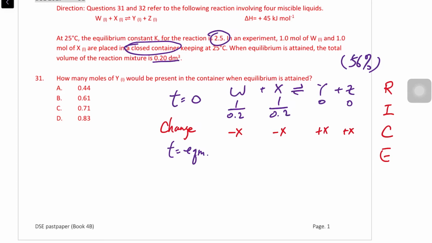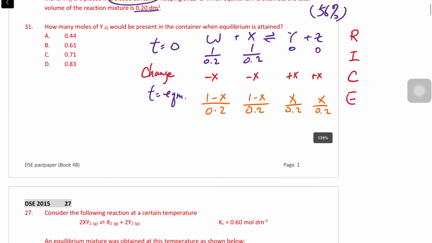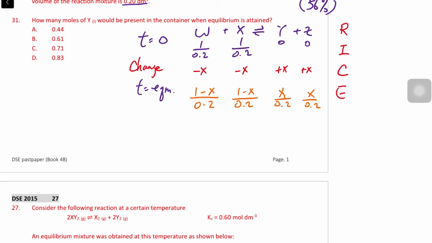So the equilibrium concentration should be (1 minus x)/0.2, (1 minus x)/0.2, x/0.2, x/0.2. Now RICE all are here. So the Kc will equal x/0.2 times x/0.2 over (1 minus x)/0.2 times (1 minus x)/0.2.